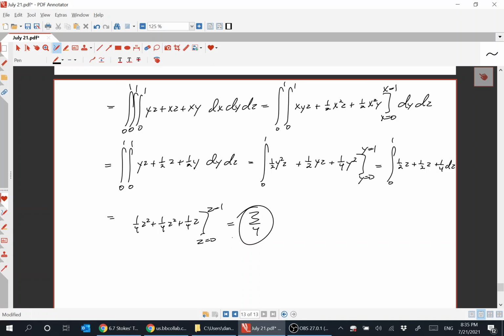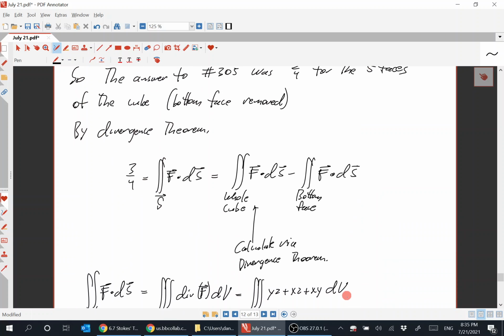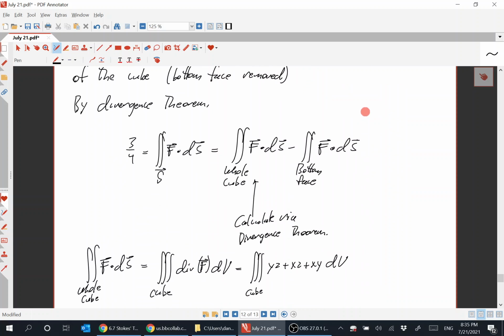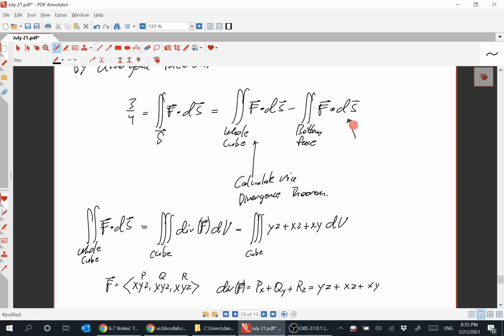Right, so the integral on the bottom face is 0, as it should be, because on the bottom face, z is equal to 0.